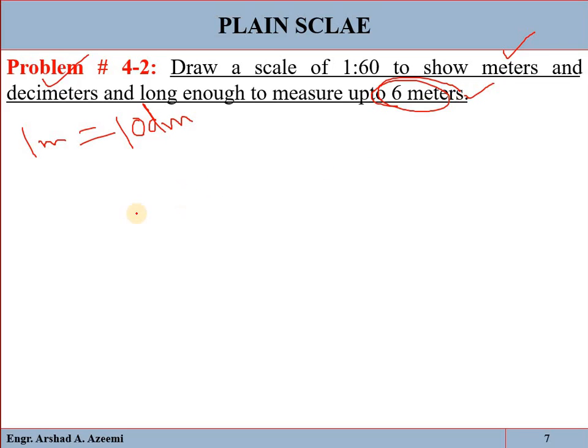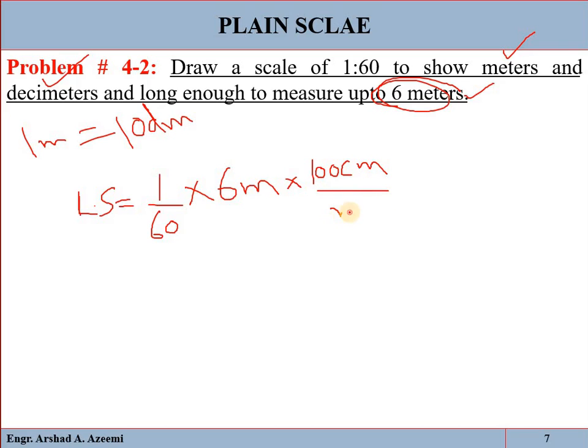Okay, so the first step is just determine the length of the scale. So the length of the scale will be equal to the representative fraction multiplied by maximum length. Okay, so 6 meter. Now we can say that there are 100 centimeter in 1 meter.